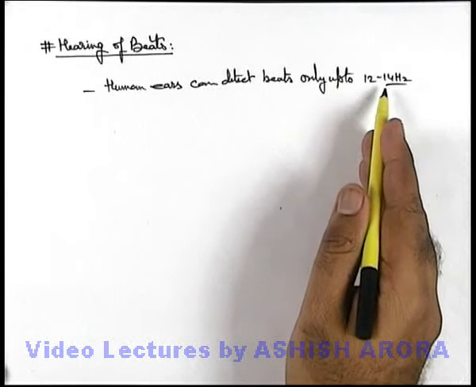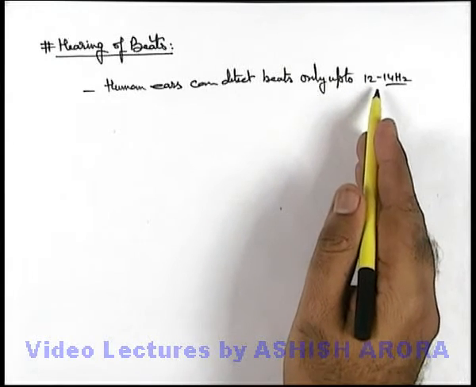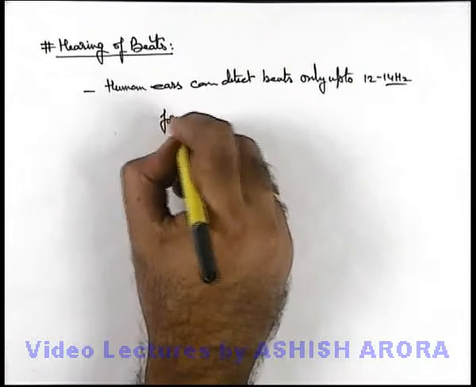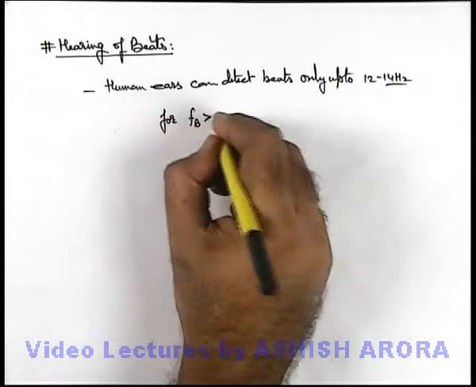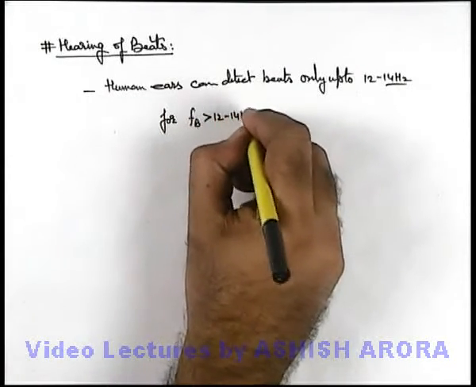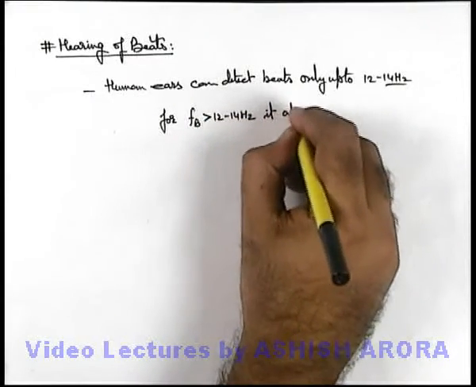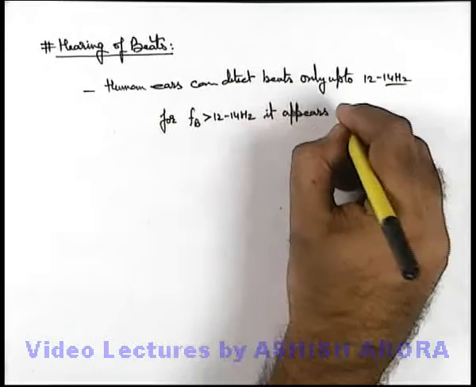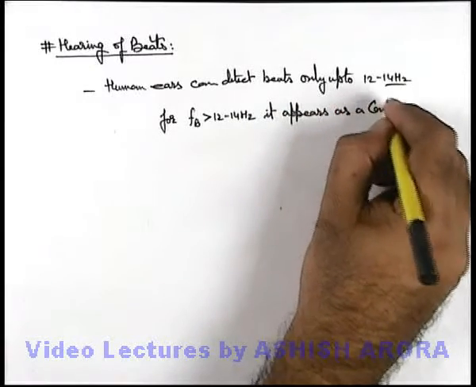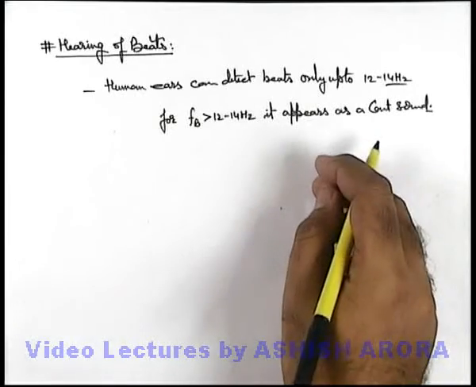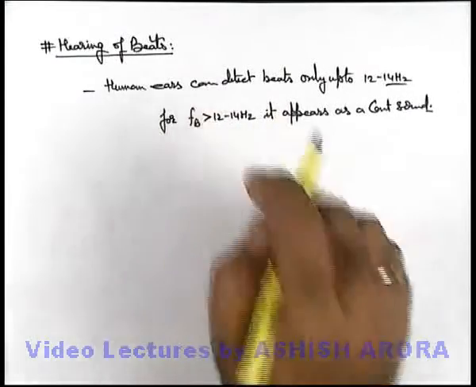In some aged persons, this capacity decreases to only 8 to 10 Hz. So for beat frequency more than 12 to 14 Hz, somewhere around 14 Hz in young age, it appears as a continuous sound. We won't be able to detect the waxing and waning of sound. So just keep it in mind.